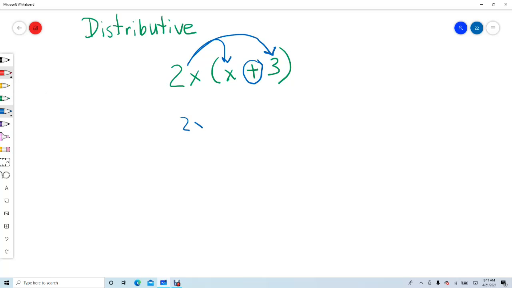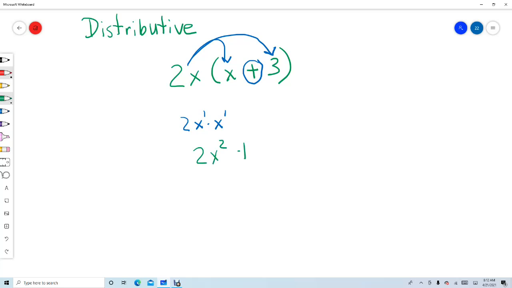What is 2x times x? Remember that these x's here have an exponent that's understood to be 1. When we multiply a base with variables with exponents, we add their exponents. So that's going to be 2x, and we add those exponents, that's 2x squared.